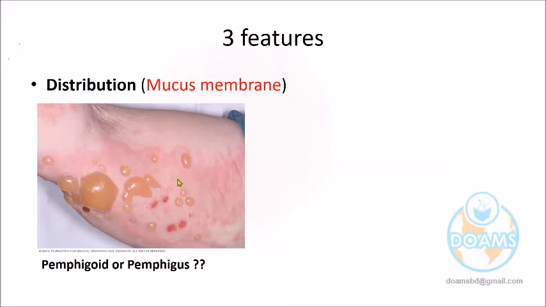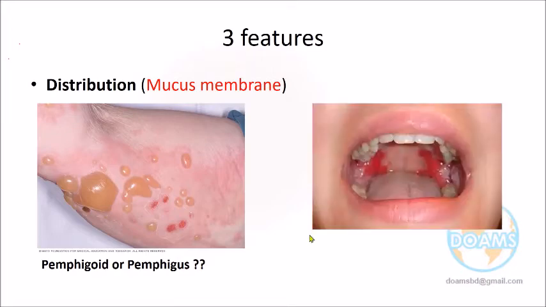Pemphigus or pemphigoid? Sir, this might be pemphigoid. Pemphigus involves mucous membrane. I think that is pemphigus vulgaris. So we need to see the mucous membrane also. Where will we see? Suppose inside the mouth, commonly mouth lesions.